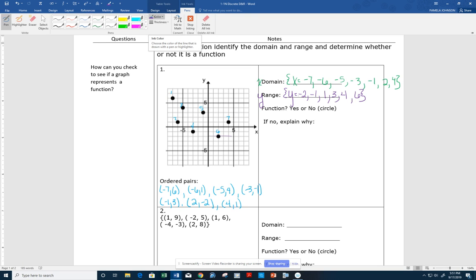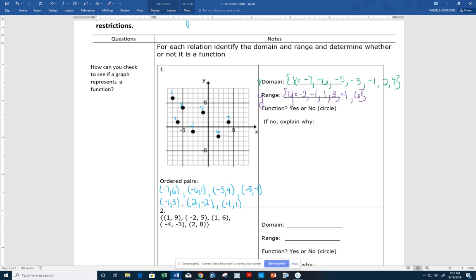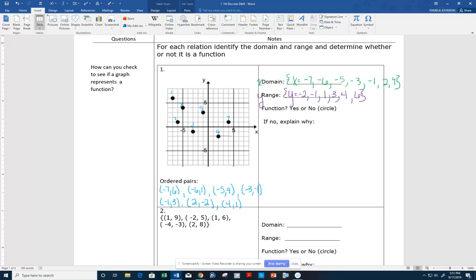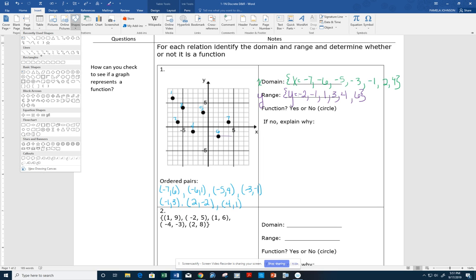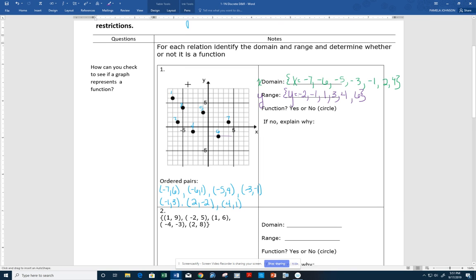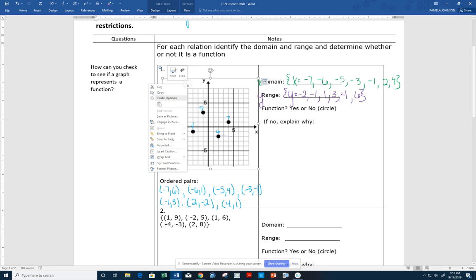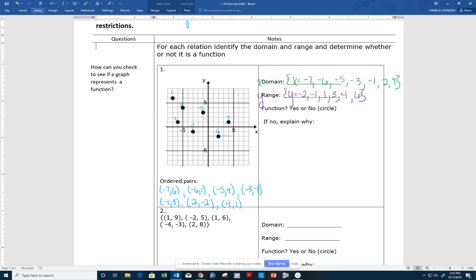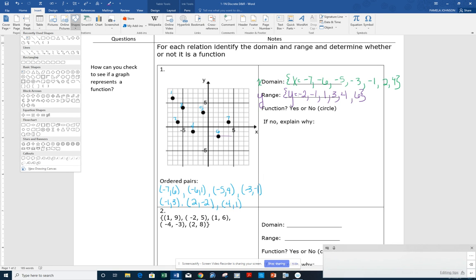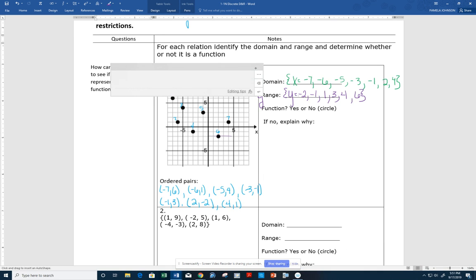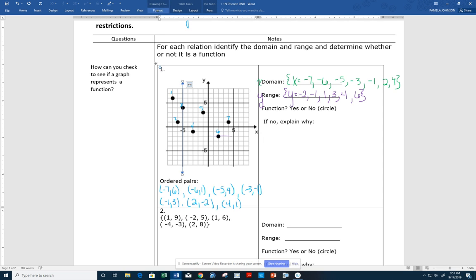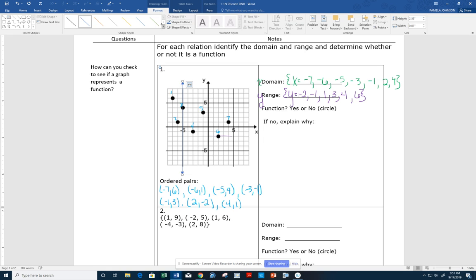Well, to decide if it's a function, you just need to use a vertical line. Okay, so I'm going to draw a vertical line using my little tool here. Sorry, let me insert my line again. I'm going to draw a vertical line, and then we're going to use this vertical line to decide if we have a function or not, okay?